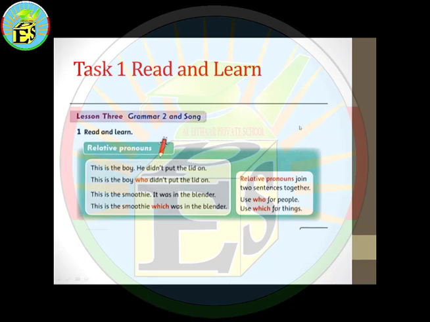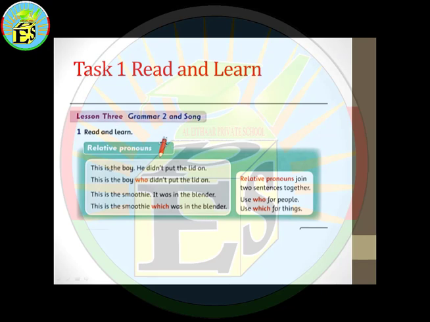The first thing that we're going to start with is talking about the relative pronouns. Why do we use relative pronouns? We use the relative pronouns to join two sentences together. We use who for people, and we use which for things and animals. Alright? So here we will give examples.